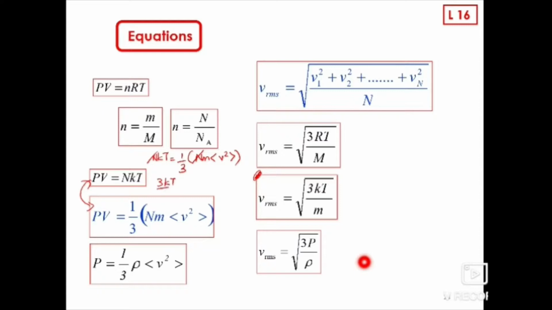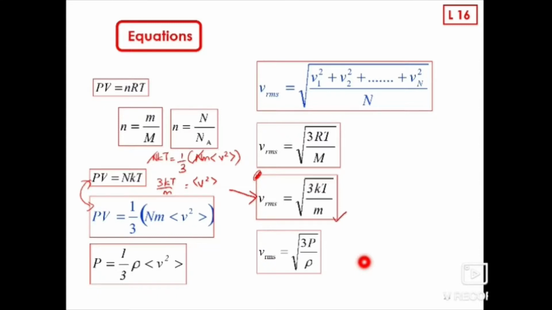3kT over m equal to V square. So we square root the equation. Then we get VRMS equal to square root of 3kT over m.